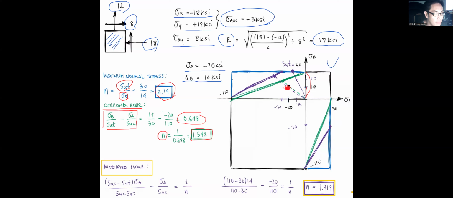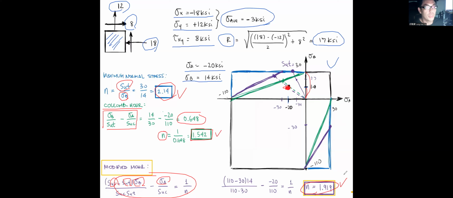Okay, and for the modified Mohr, we can plug those numbers, SUC, SUT, sigma B and sigma A, into the equation. Finally we get its safety factor equals 1.92. So one is 2.14, 1.54, and 1.92.